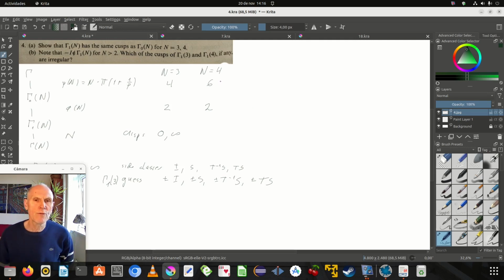N equals 4. Well, would that be the same? I'm inclined to thinking so. We have the isomorphism gamma naught of 4 being isomorphic to gamma of level 2.